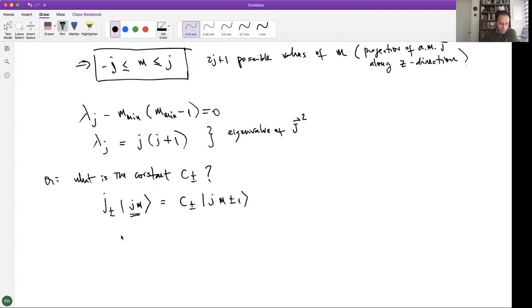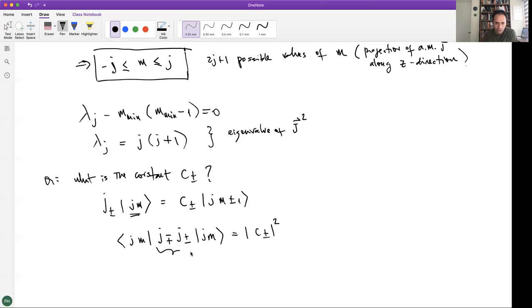Because this is normalized, we can write down that the norm of this function, c star times c plus minus, j minus plus j plus minus of jm, is equal to c plus minus squared.